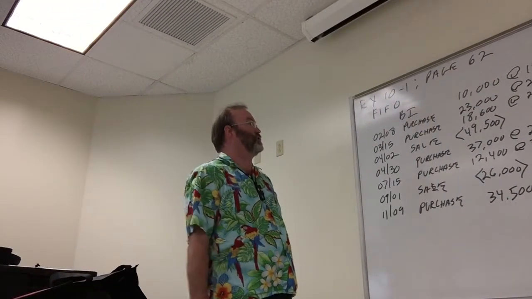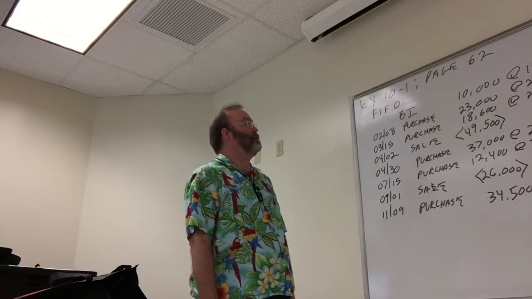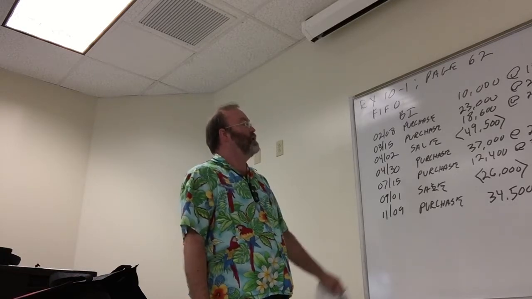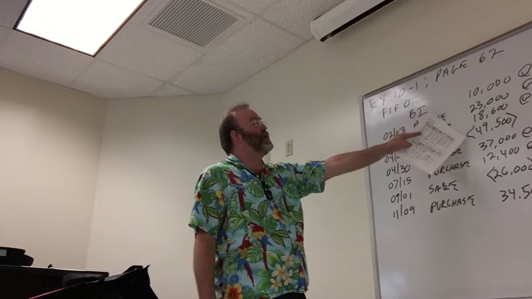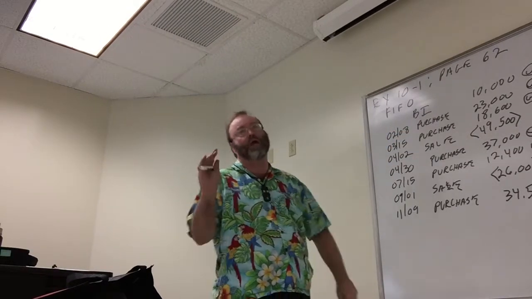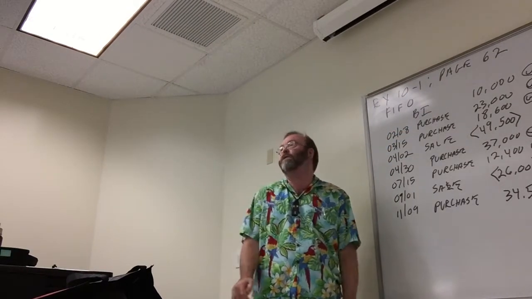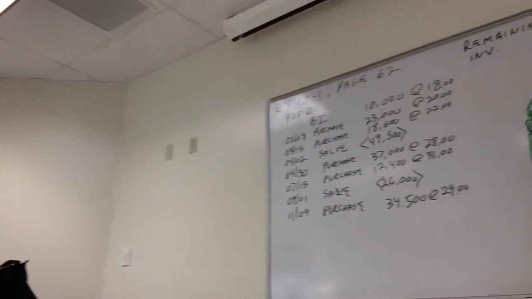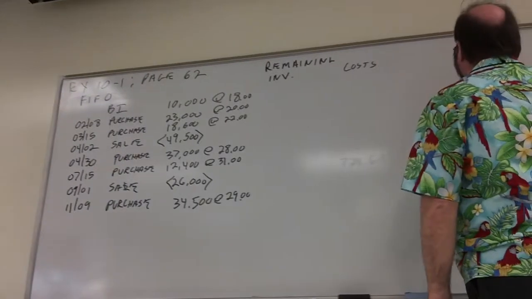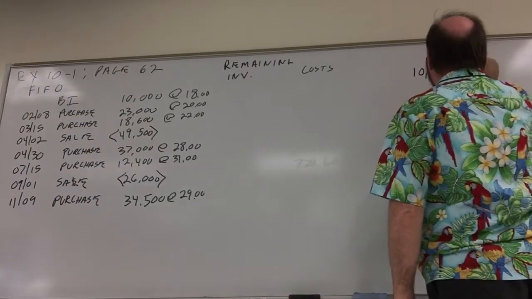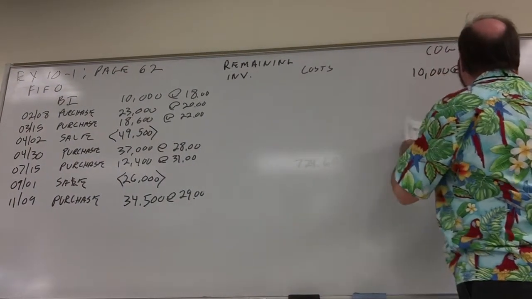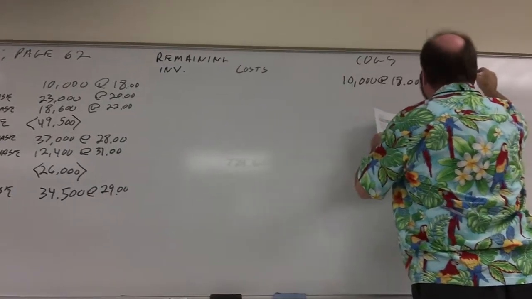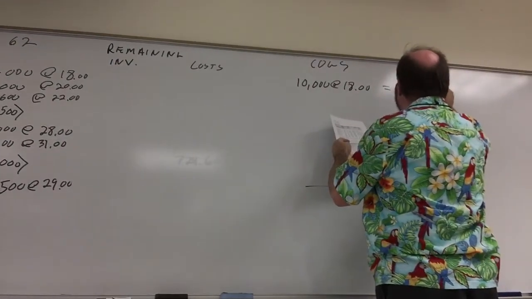Then we make two purchases at $20 a unit and $22 a unit. So when we sell these 49,500 units, which units do we sell? We sell the 10,000 units at $18, and that's a total of $180,000.